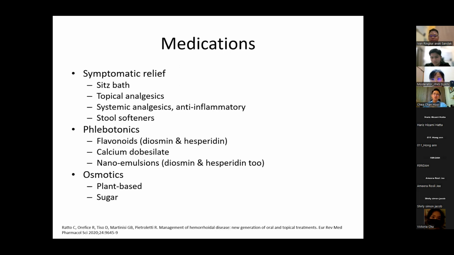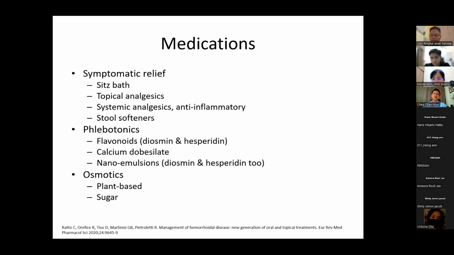Of course, we like to give something to our patients. So we usually prescribe some form of analgesic, either topical, applied on the hemorrhoids if they prolapse out, or a systemic one, usually oral analgesics.